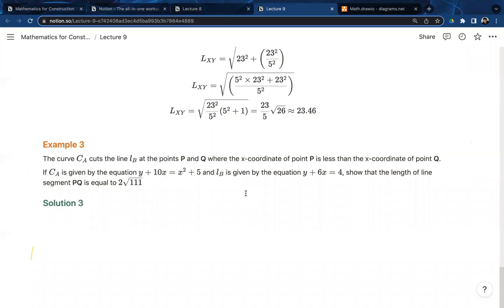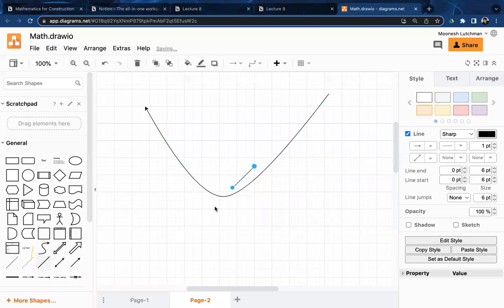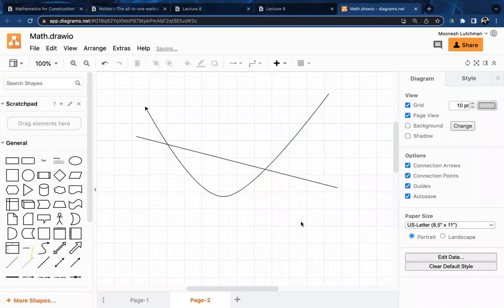And I have a straight line. So you know this line y plus 6x equals 4, if I rearrange the formula, I'll get y equals minus 6x plus 4. So that's a negative gradient. A negative gradient line means that line is sloping like this, right? And where the curve and the line intersect, we have two points.